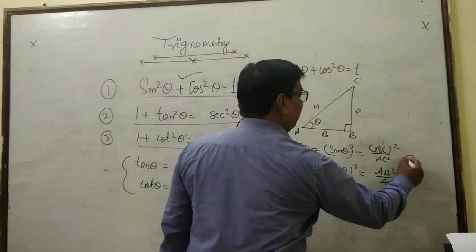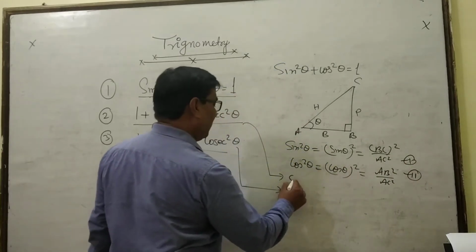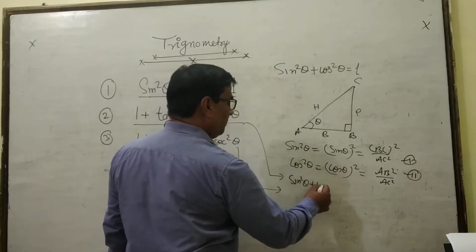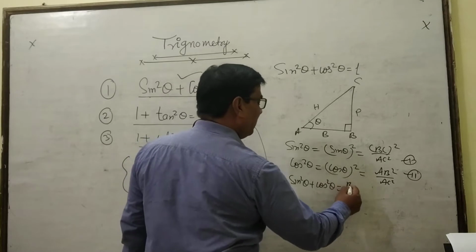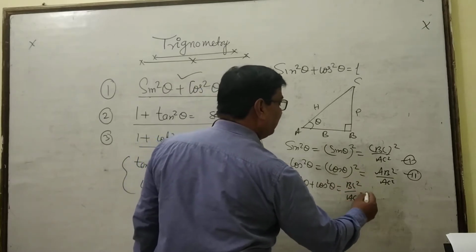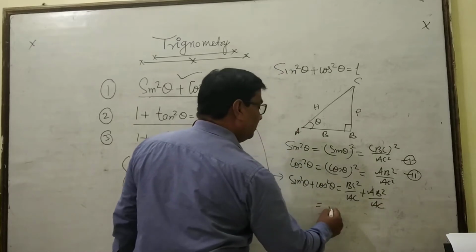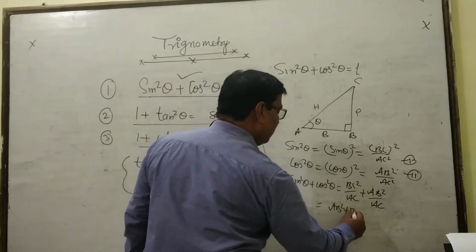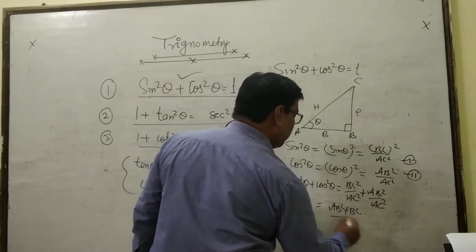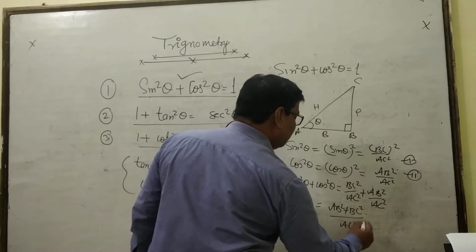Add first and second. So sine square theta plus cos square theta is BC square upon AC square plus AB square upon AC square, you will get AB square plus BC square upon AC square.